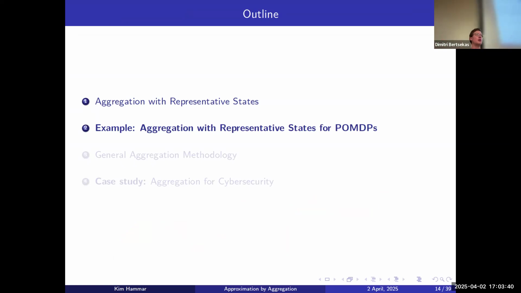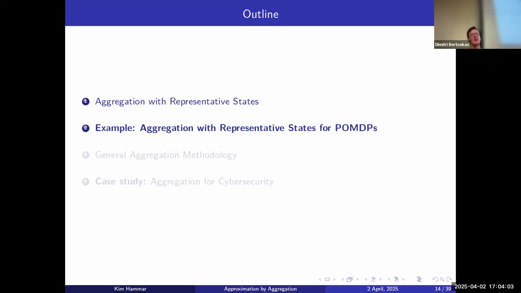Then you solve that problem exactly using dynamic programming or reinforcement learning, which gives you a cost function for the aggregate problem called R star. Then you can use interpolation to obtain a cost function approximation J tilde for the original problem. And we have seen that in certain cases, you can bound the error between J tilde and J star.